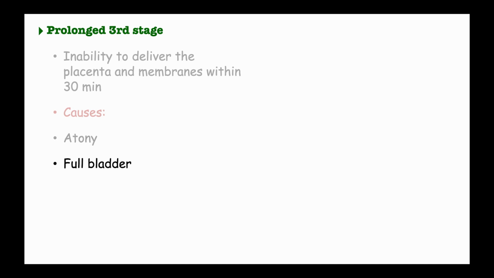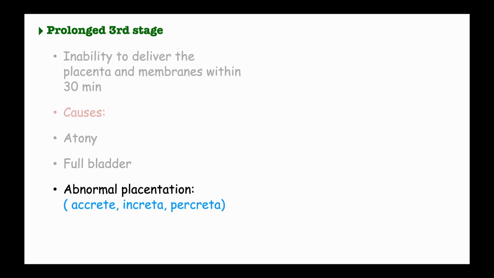When the bladder is full, it prevents the uterus from contracting and causing the separation of the placenta. Then also we may have abnormal placentation in the form of placenta accreta, increta, and percreta. And in these cases, it is obvious that the placenta is deeply embedded into the muscle layer of the uterus, and it is obviously not going to be expelled spontaneously.